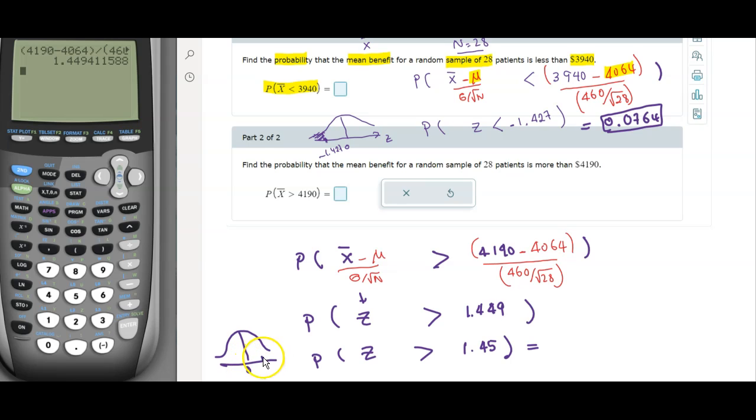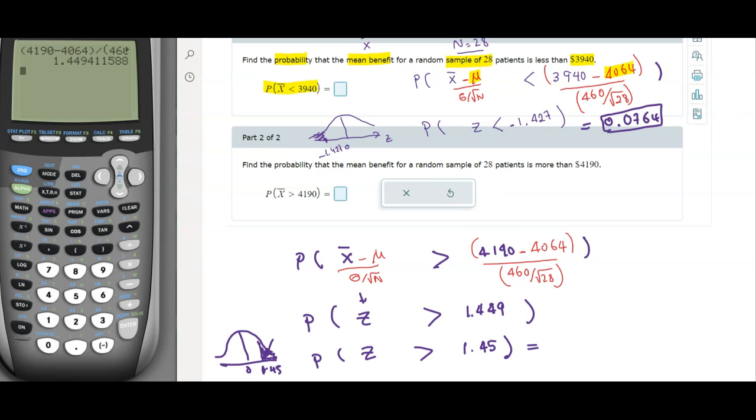And if I graph this, this is my normal distribution here. The 0 here, 1.45 here. And if it is z greater, I'm going in this direction, to the right side. Still it is a small tail that I'm looking for. So I'm going to look for 1.45 in the small tail.